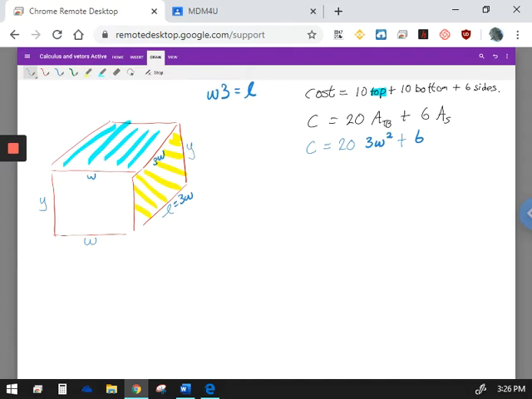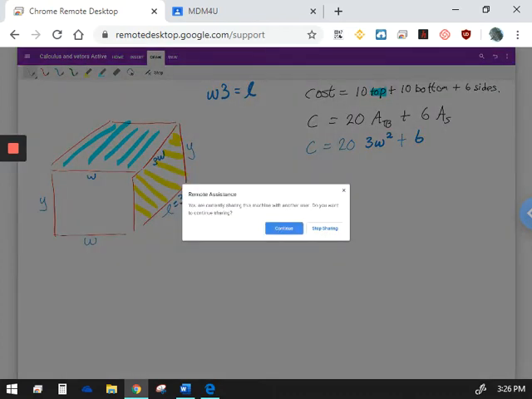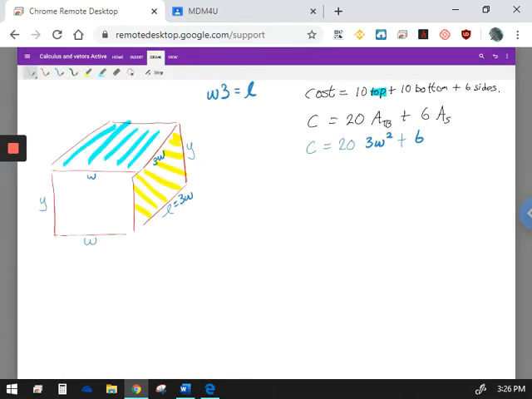And the width is 3W for the other side. 3WY, right? Okay. So we're going to write 2 times 3WY. Everybody okay with that? Why did I do 2? Because there are 2 sides, one on that side in the back, sort of it's around in the back here.